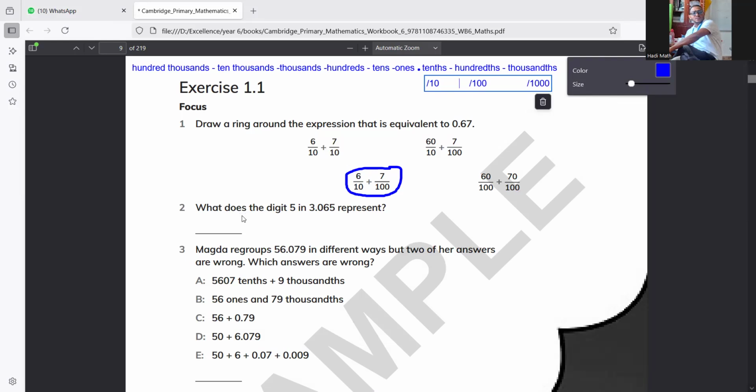Okay, so they say, what does the digit 5 in here represent? If you look, 5 is in the thousandths place, after tenths and hundredths. So we say it is 5 thousandths.